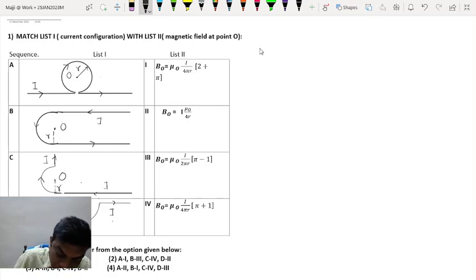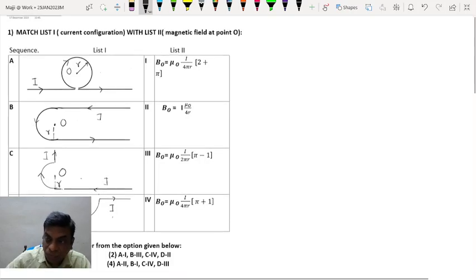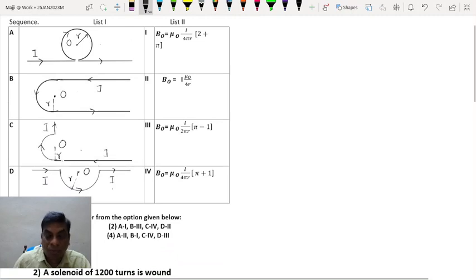So again, as I would always suggest, go on solving only as long as you find the options similar. The moment you get a different option, you can immediately conclude what is the correct answer.